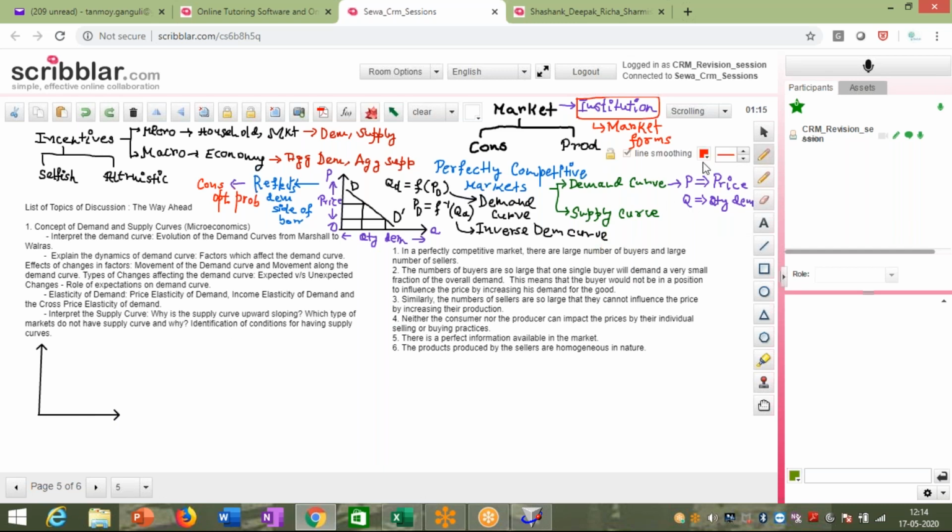So let's say, at 0, I have Q, which is the quantity of funds, and I have the rate of interest.